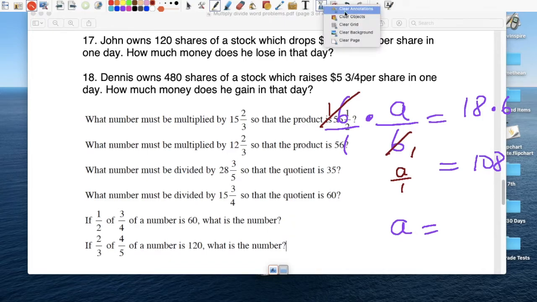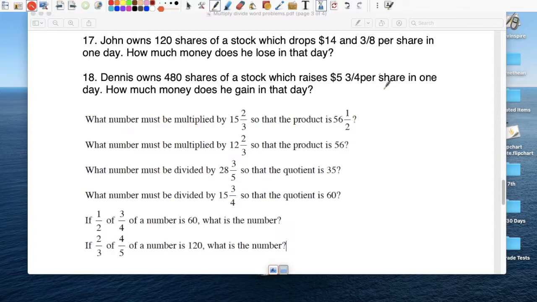So going back, let me just do the previous problem. This is no different. When I did y over 15 and 3/4, remember, it's a fraction. This is a denominator right here, equals 60. I want to get rid of the denominator of 15 and 3/4 and just leave the y.